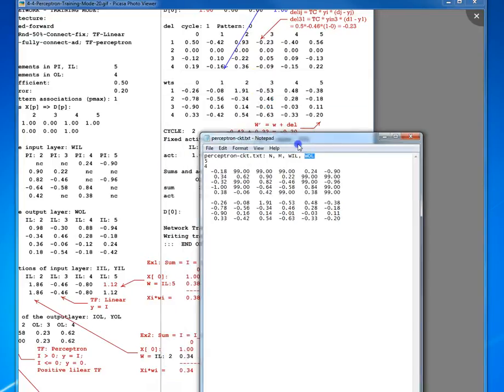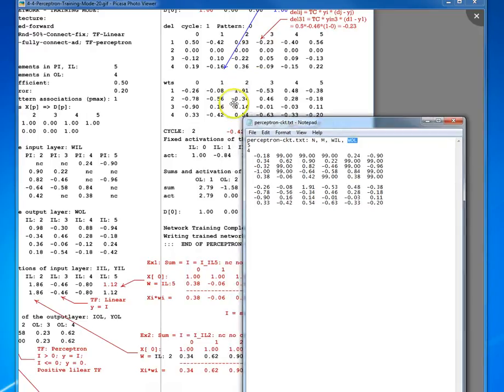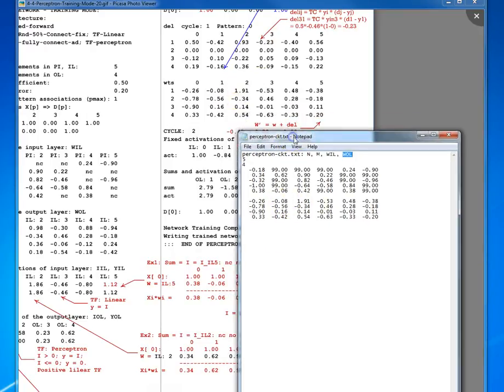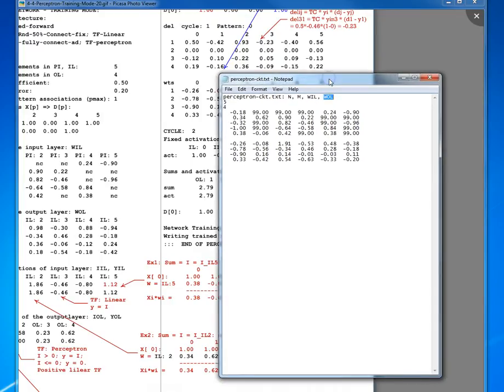So as you can see, this weight matrix is the same thing as this one, 0.26, 0.08, that is 0.20, that's what is stored here. When you go into recall mode, it is going to read this file and then do the recall, and let's see that in the next section.